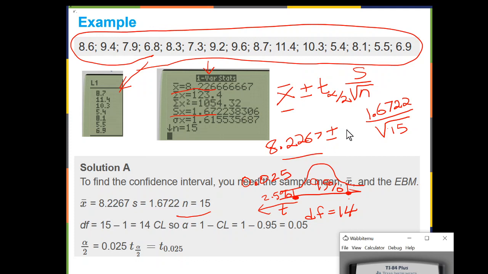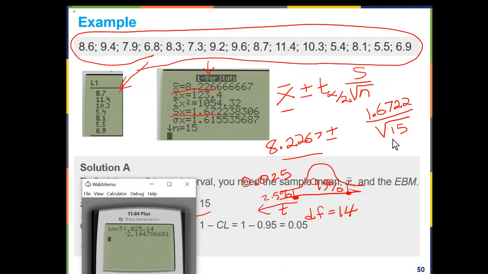So this number right here is going to be, what was it? We lost it. Put it right there. So that number right there is going to be 2 point, we don't want the sign, right? Because we already have plus and minus here. 2.1447, and you have to multiply that.